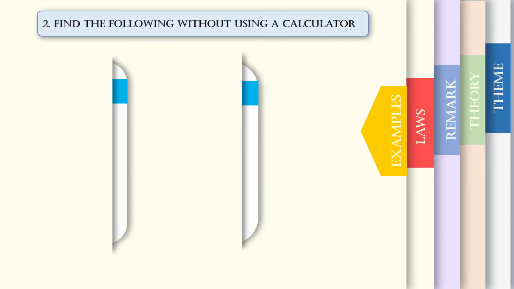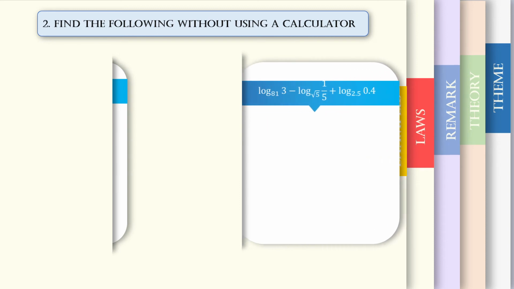Next exercise. Find the following, attention, without using a calculator. Logarithm base 81 of 3 minus logarithm in base the square root of 5 of 1 over 5 plus logarithm in base 2.5 of 0.4. So, very interesting exercise.